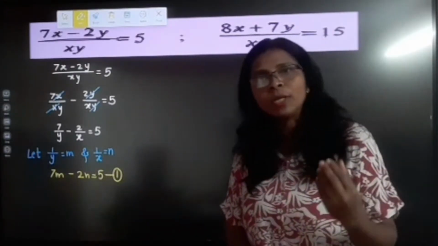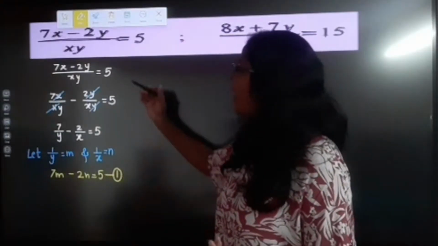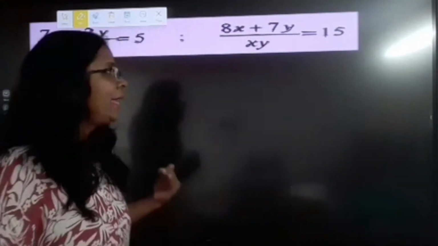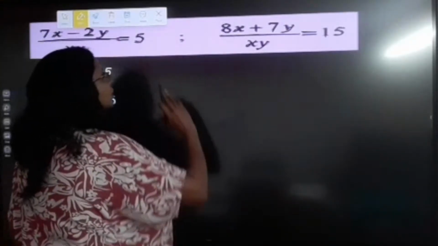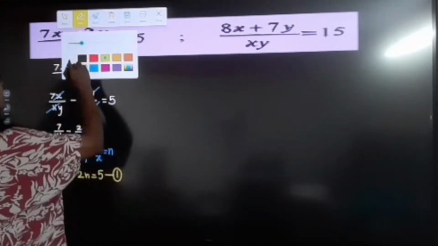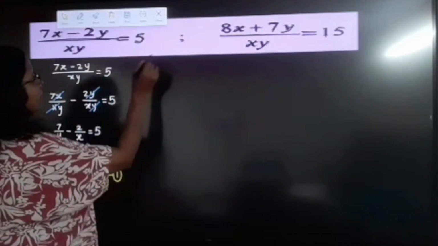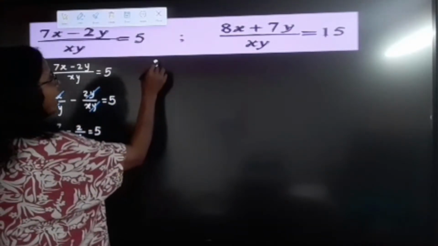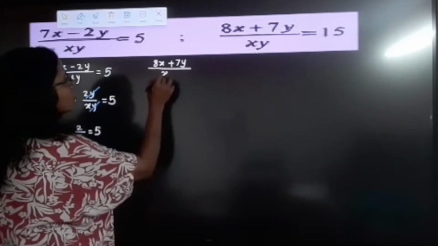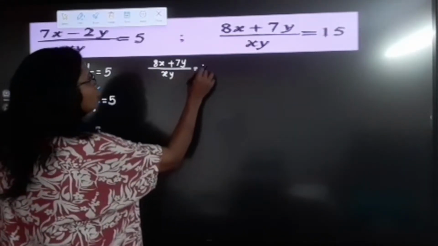Okay. So now as we have the first equation, let us get the second equation also. First I write down this equation, 8x plus 7y upon xy is equal to 15.